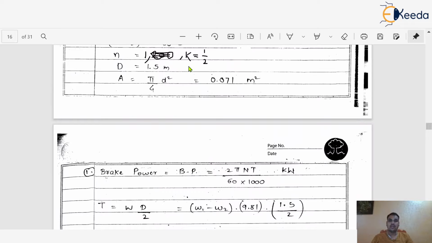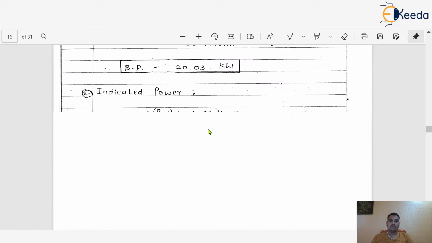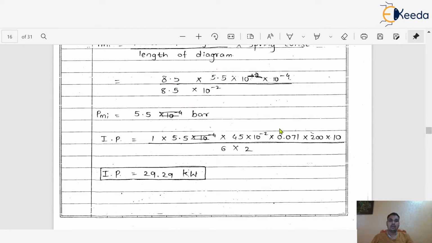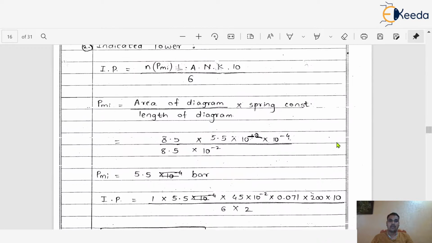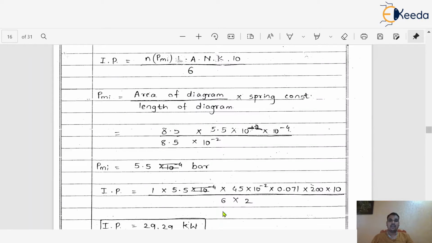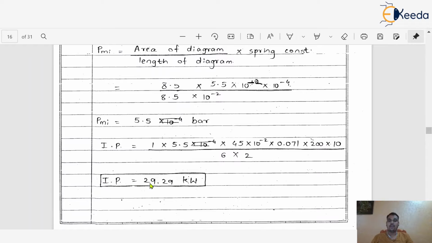As we already discussed, for a 4-stroke engine the value of K is 1 by 2, so this 1 by 2 we have written over here. The 10 to the power 6 remains as it is. So after calculations you come to know the indicated power will be 29.29 kilowatt.